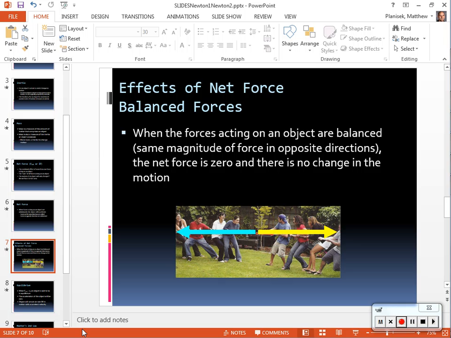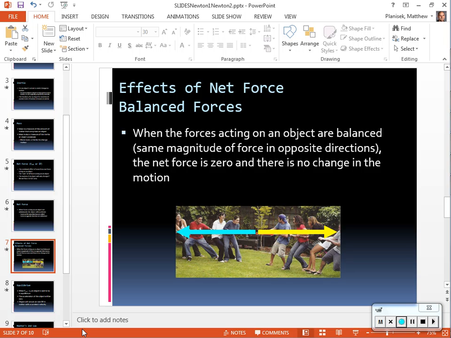There's a zero net force, so those two forces would have to have the same... If the rope is not moving, that means that the net force is zero.